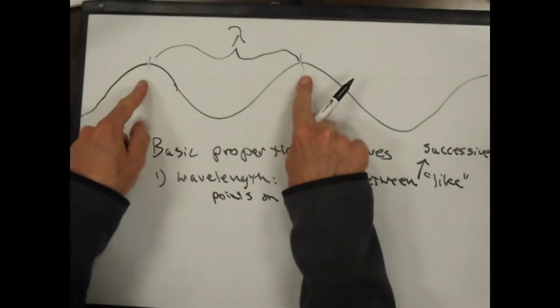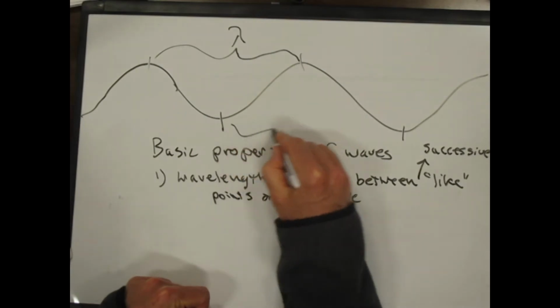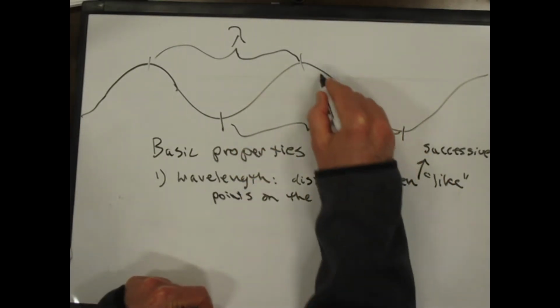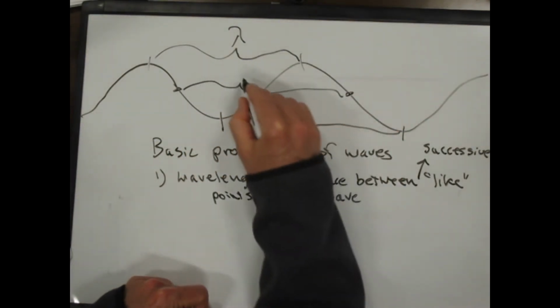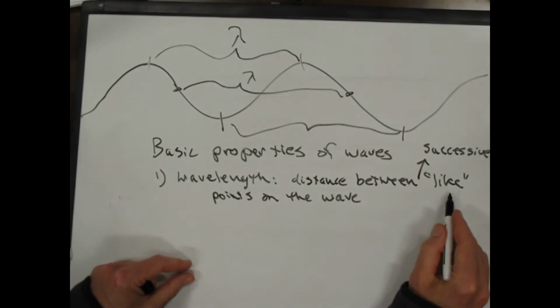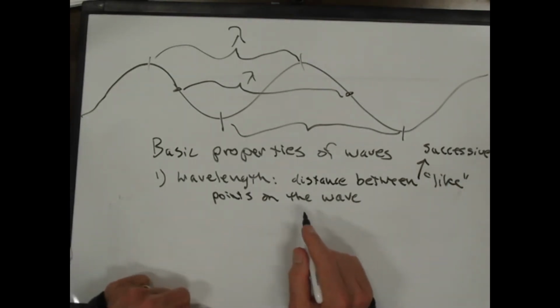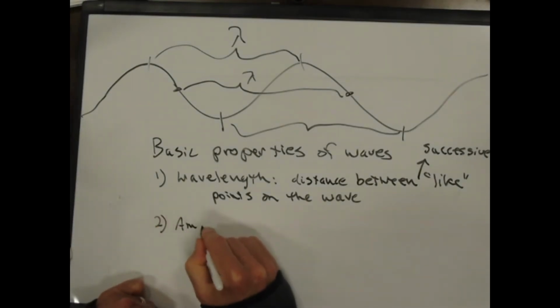So the wavelength is the distance between two peaks, or I could say this is also a wavelength, the distance between two troughs, that's also the same distance. Or I could pick halfway down the slope to halfway down the slope, this is also a wavelength. So I could pick any two successive like points on the wave, and the distance between them is the wavelength. Two is the amplitude.